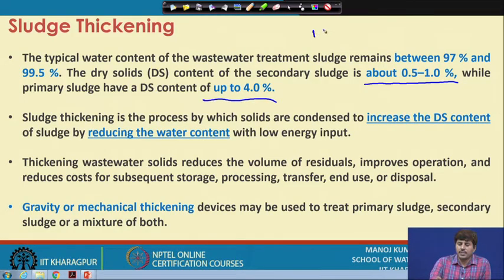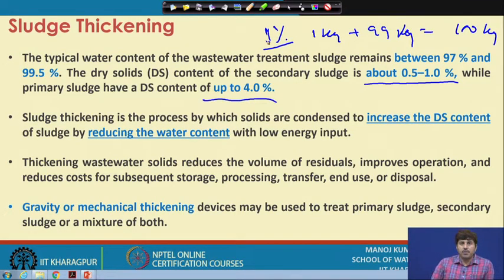Say you have just dry solids, let us say 1 kg of dry solids. If there is 99% water content, that means there will be 99 kg of water, and the total weight of the sludge is going to be 100 kg. This gives me 1% solid content. Now, if I am able to change this 1% to 10%, then this 1 kg of solid is still remaining, so the solid mass is still intact.